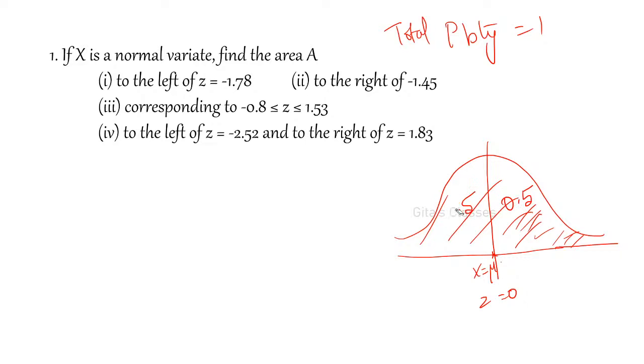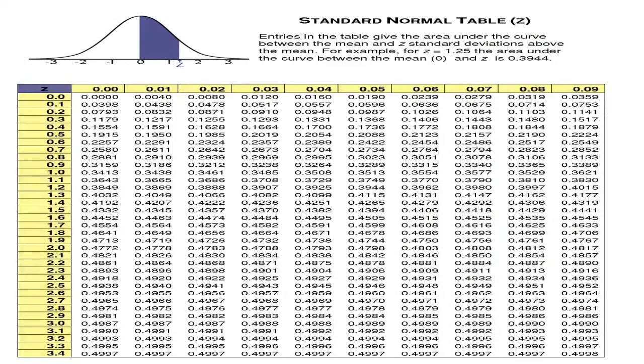And if you want to make use of the table, we have a standard normal table that gives you this area, that is, from z equal to 0 to any z value. And I have taught you how to see the table value. This is the table available, and this is the area. This point is z equal to 0. Suppose you want to find out z equal to 1.25, then you have to search 1.2 on this side and 5 on this side.